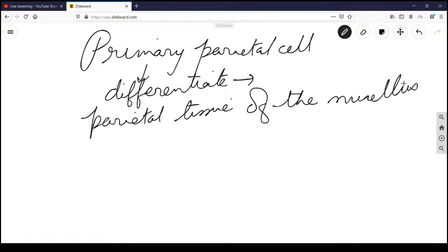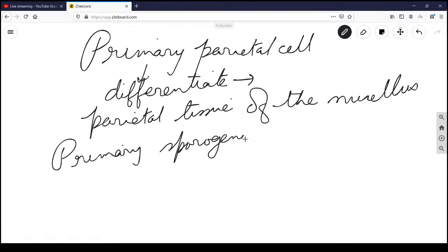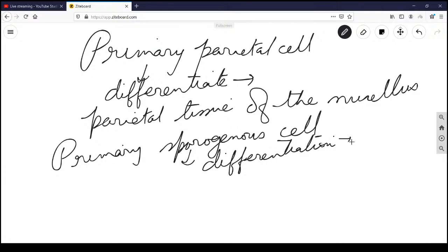The primary sporogenous cell will differentiate to become the megaspore mother cell. Keep in your head, it will again undergo differentiation. Differentiation means again mitosis only in both cases. Here it doesn't mean meiosis. I'm writing it down so that you do not mess it up. Never get confused. Differentiation here means mitosis. Never write meiosis. And then it will produce the megaspore mother cell.